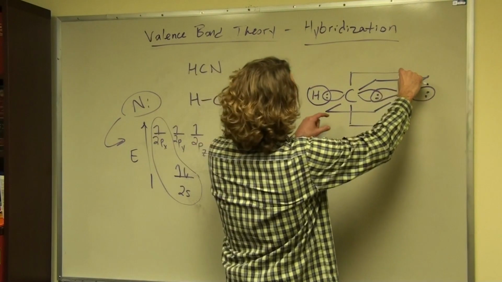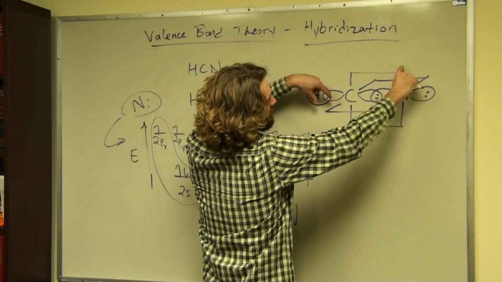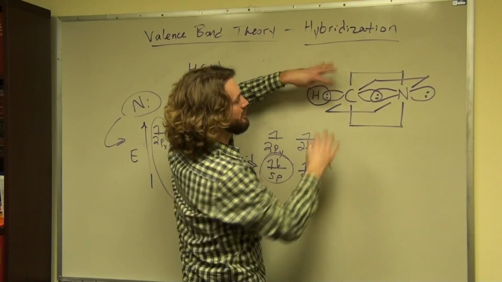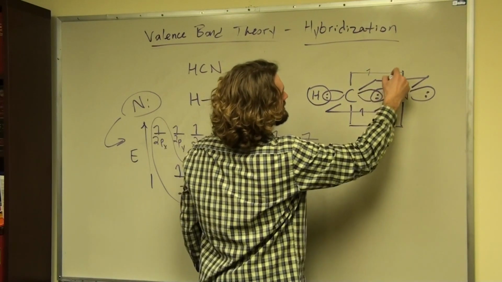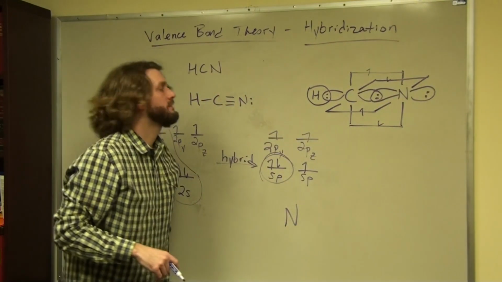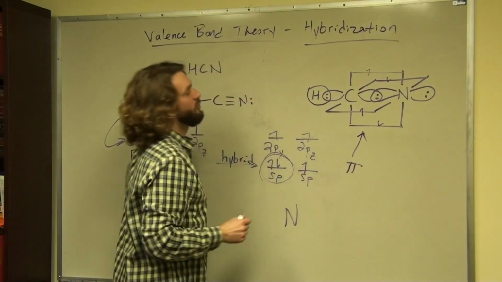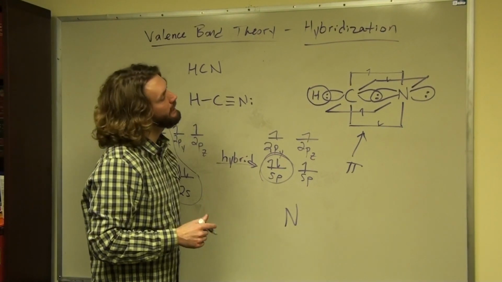You can't connect, for example, this up and down or vertical p orbital on nitrogen with the orthogonal one on the carbon. So we're making sure they connect appropriately. But again, each of those is going to contain those other electrons that are going to do the pi bonds for hydrogen cyanide.